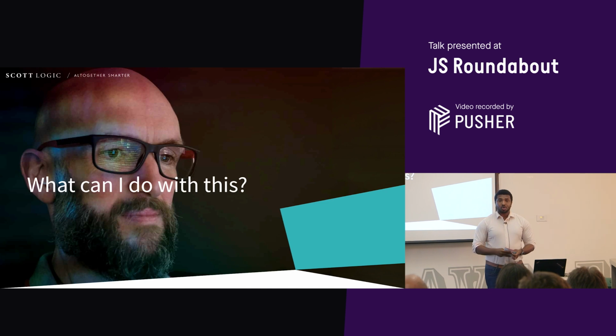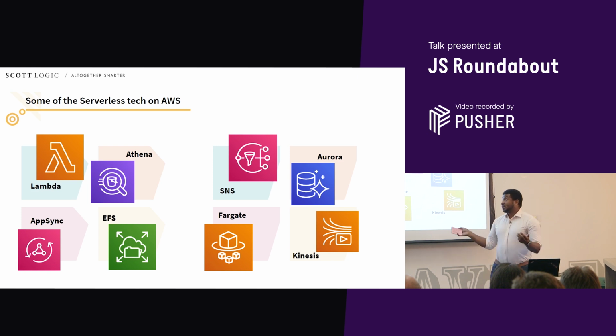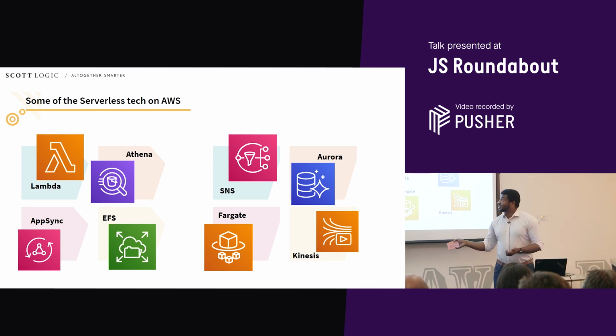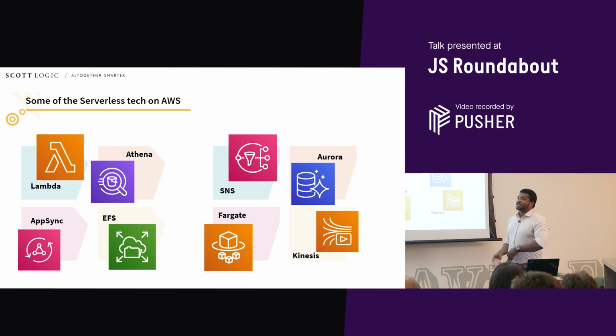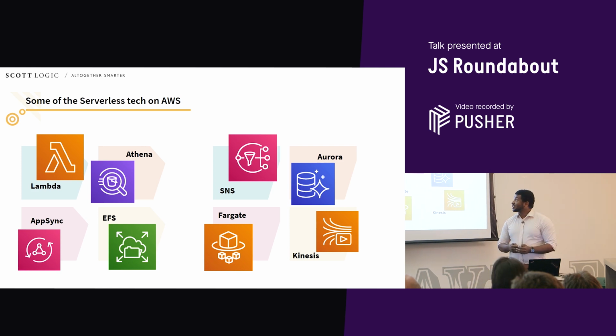So what can you do? What serverless technologies are available if you're not familiar? And the answer on AWS is absolutely loads. This is a tiny fraction of the names of some of the serverless technologies that AWS offer. They were largely chosen because they had different colored logos.